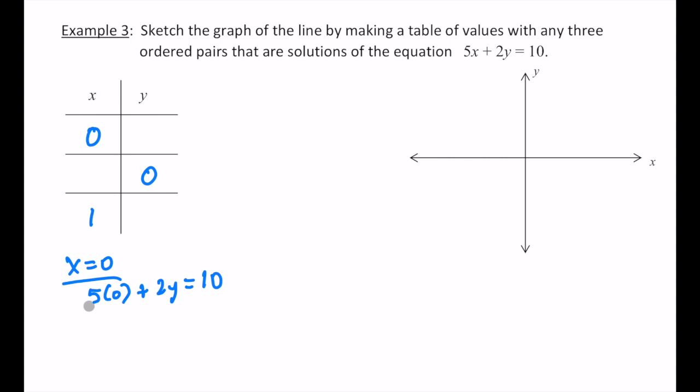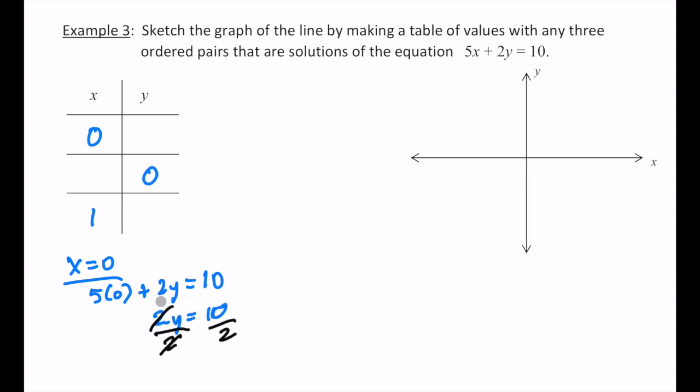Using a value of 0 is nice because that term disappears and we're just left with 2y is equal to 10. Now we divide by 2 on both sides to isolate y, and we're left with y is equal to 5. So when x is equal to 0, y must be equal to 5. And that gives us our first ordered pair.